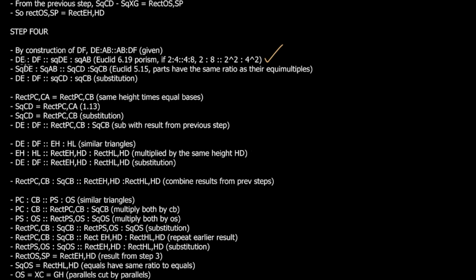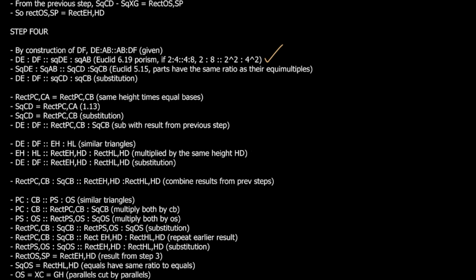And now we are doing as the square on DE is to the square on AB, the square on CD is to the square on CB. Let me just look at that diagram.